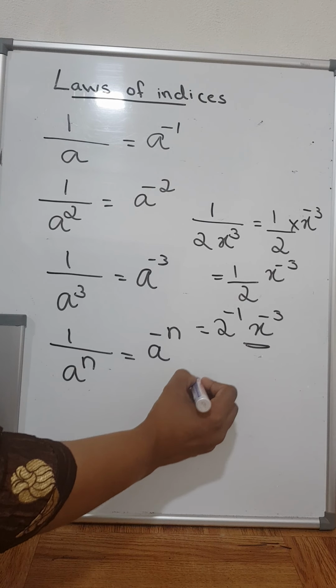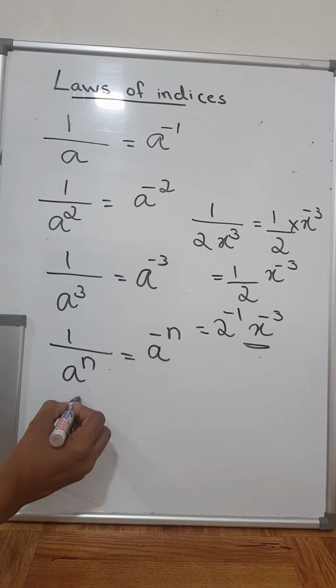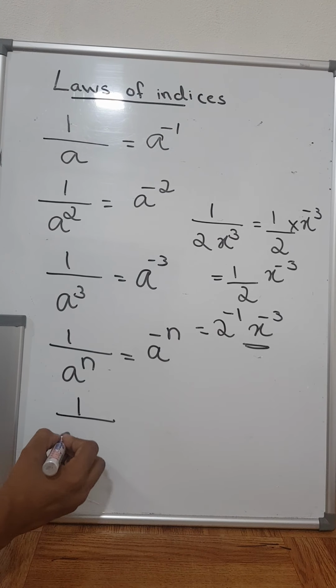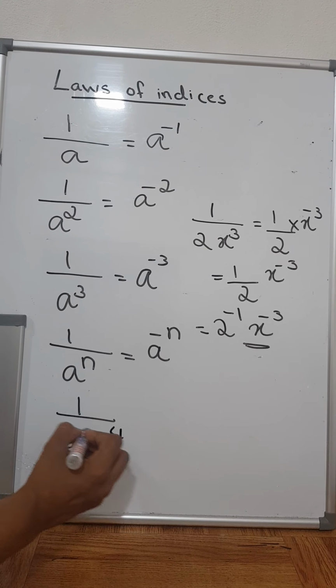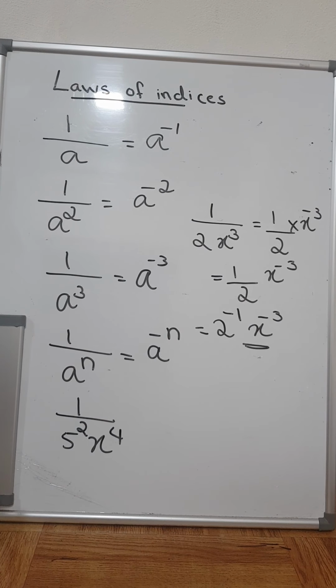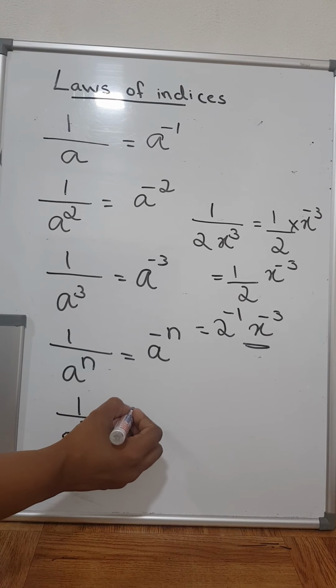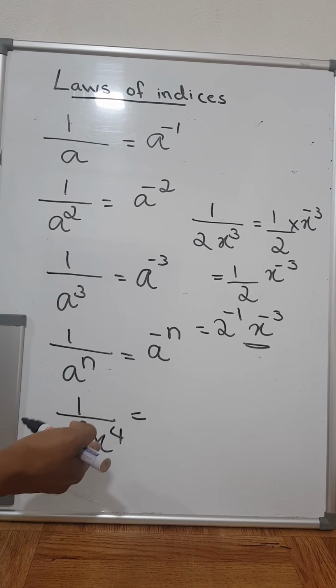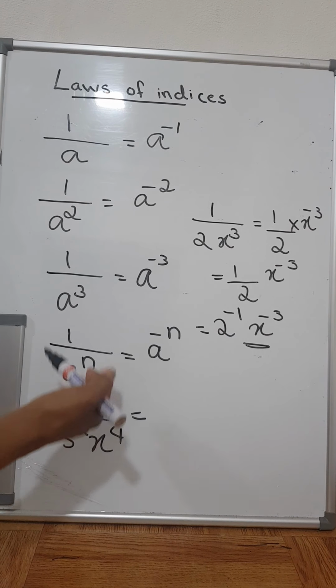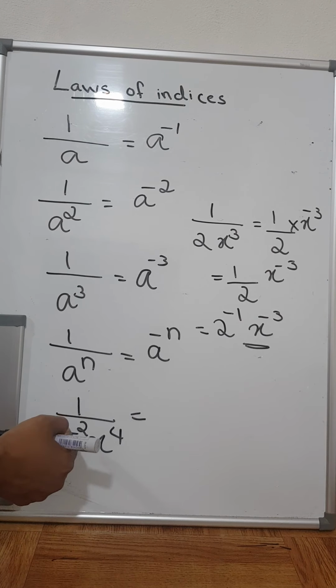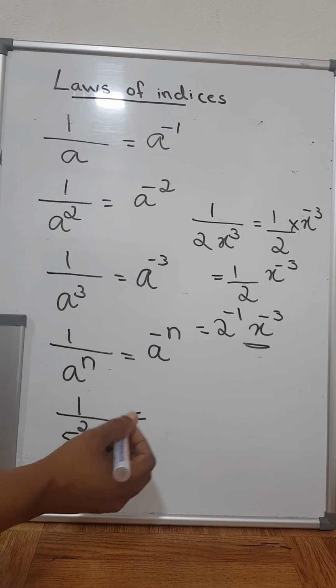If you want to take 1 by 5 square x to the power 4 to the numerator, if you are taking 5 square x to the power 4 to the numerator, both powers 2 and 4 should change the sign.